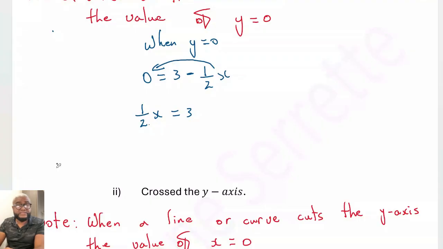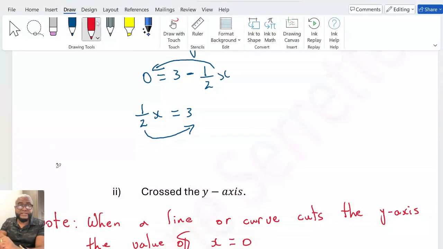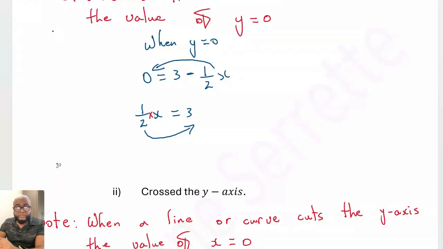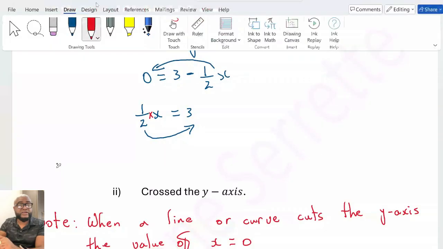Now they want me to find the value of x. What do I do with the 1/2 when I carry it to the side? No, what is understood? Multiplication is understood between this half and this x. So the opposite of multiply is to divide.